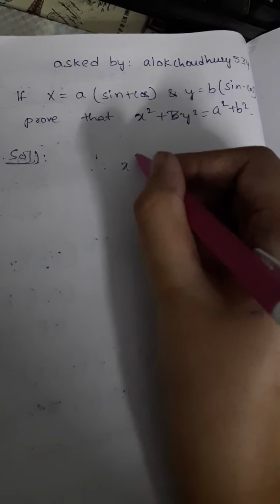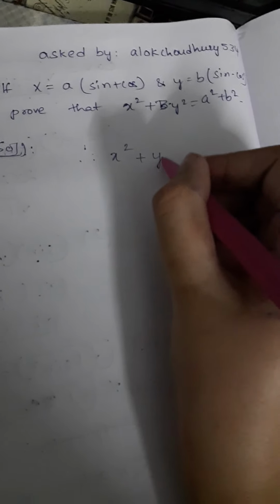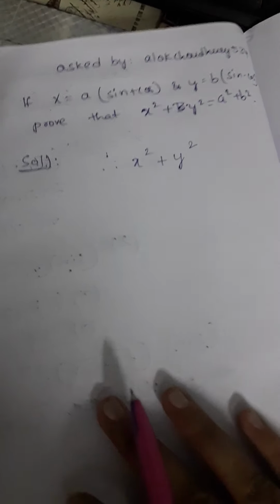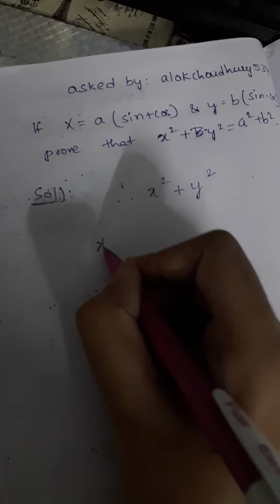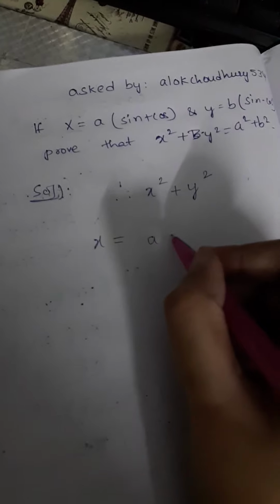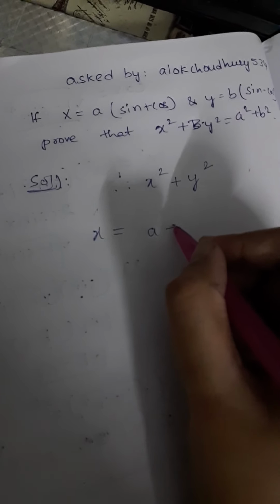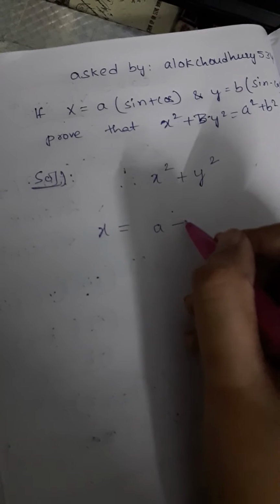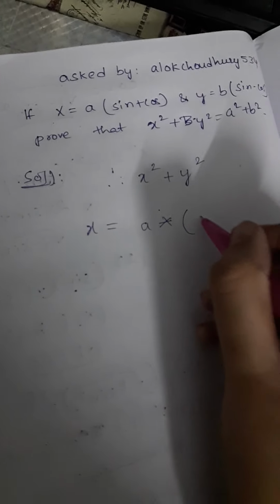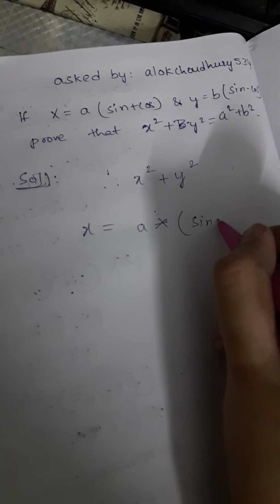So first you need to find out the value of x squared plus y squared. Okay, so you know that x equals a into sin plus cos.